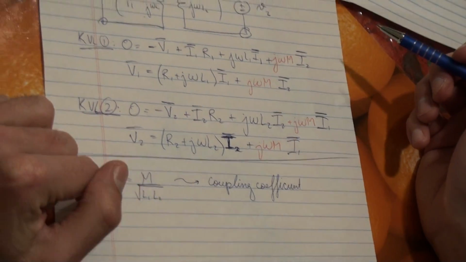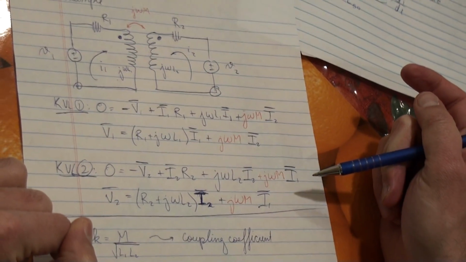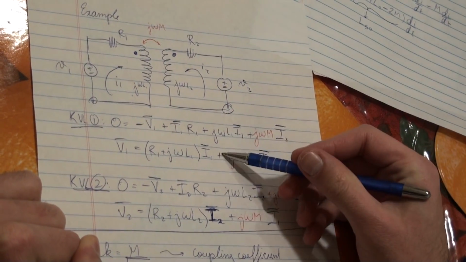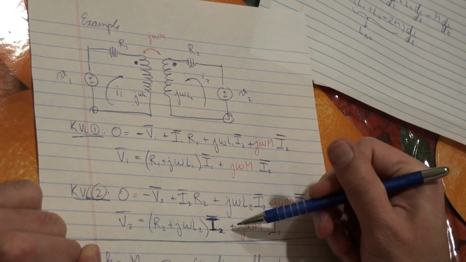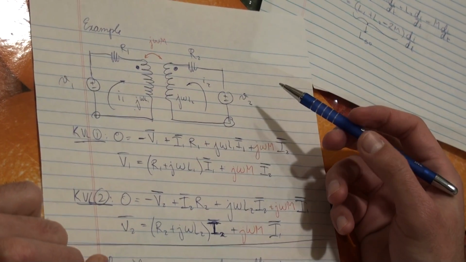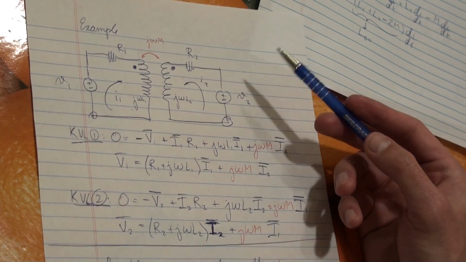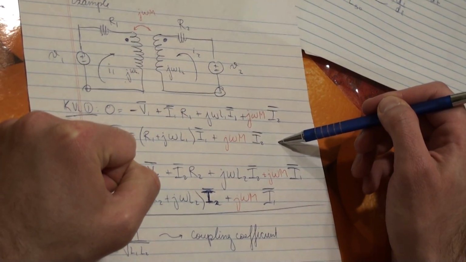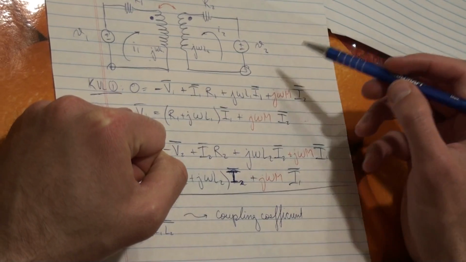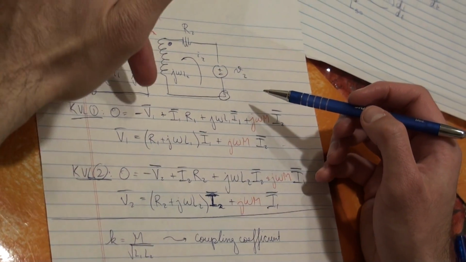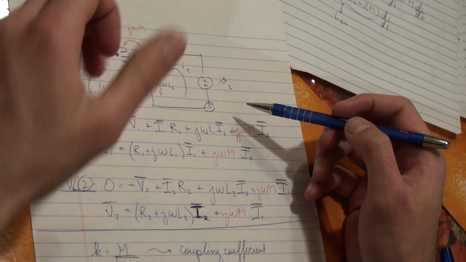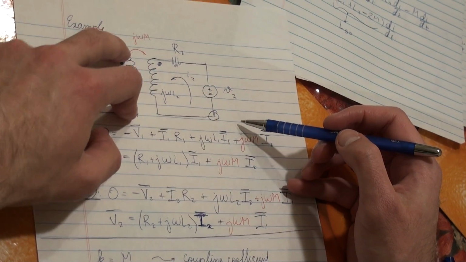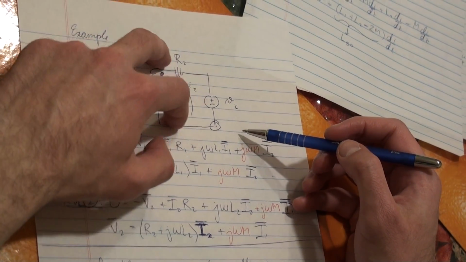So, before we get to the coupling coefficient, I just wanted to say, how did we know this was plus? I sort of rushed through it. So let's quickly go back here. Let's take a look at KVL here, right? So again, we have the inductance of this coil by itself, but then you have mutual inductance here.